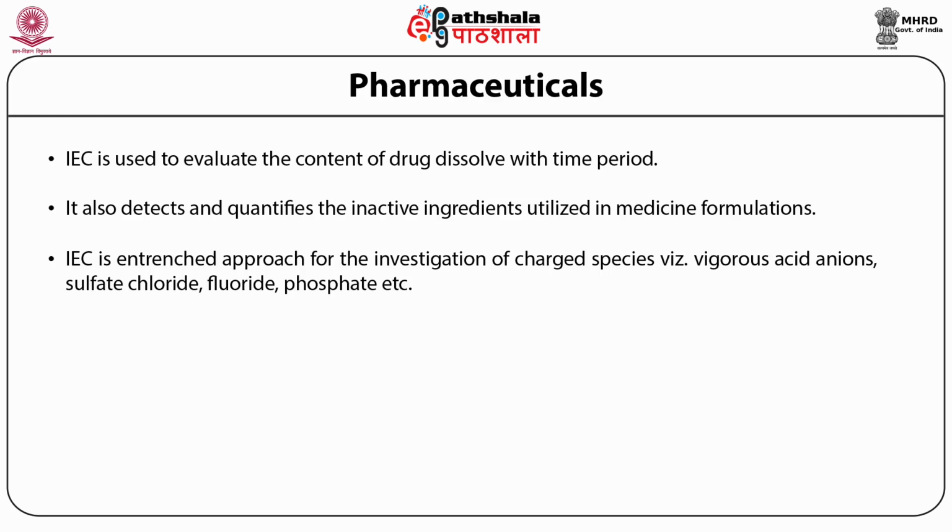IEC is an entrenched approach for the investigation of charged species, for example, strong acid ions, sulfate, chloride, fluoride, phosphate, etc. This technique is suitable for the separation of charged particles of weak nature, for example, carboxylic acids.